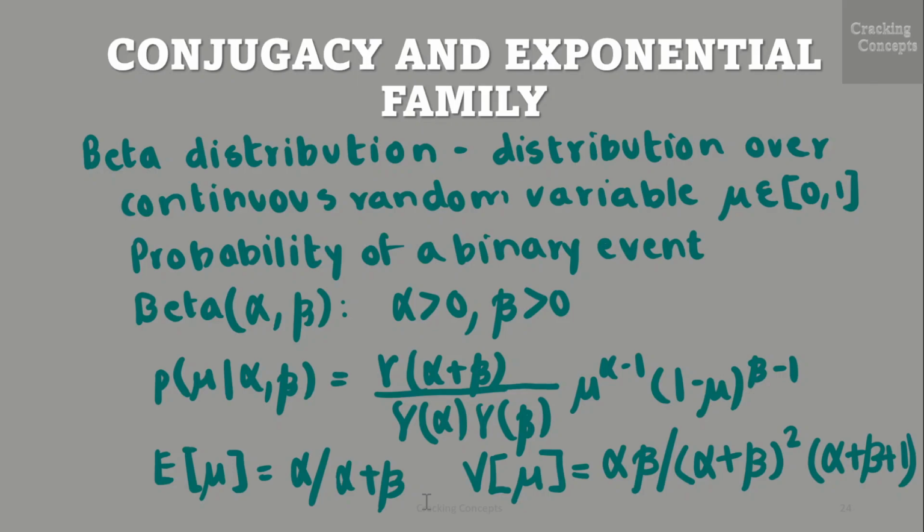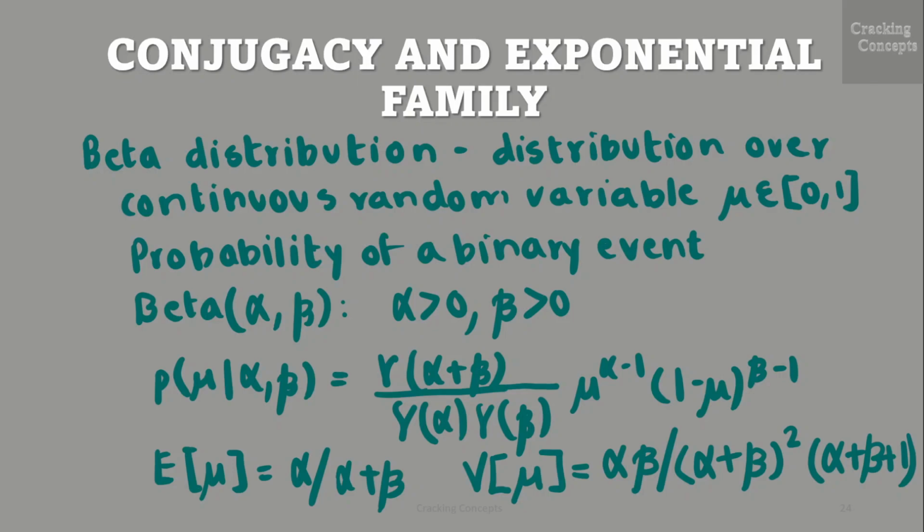Beta distribution itself is governed by two parameters, alpha and beta, which are greater than 0, and is defined by p of mu given alpha comma beta as gamma of (alpha plus beta) by gamma of alpha into gamma of beta, into mu raised to alpha minus 1 into (1 minus mu) raised to beta minus 1, where expectation of mu is alpha by (alpha plus beta) and V of mu is alpha beta by (alpha plus beta) the whole square into (alpha plus beta plus 1).